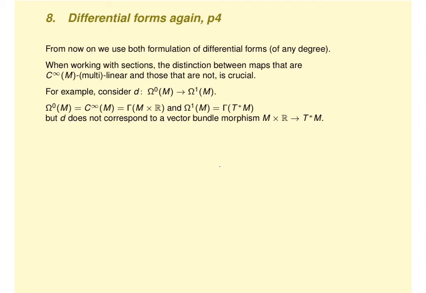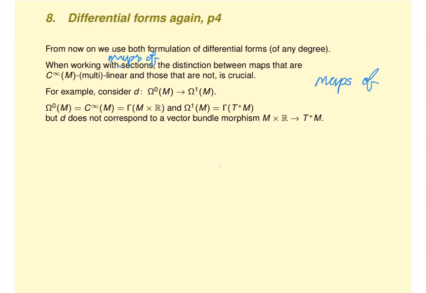There's a word missing here. It should say when working with maps of sections. I'll rewrite it more neatly out there. When working with maps of sections, the distinction between maps that are linear over functions or multilinear over functions and those that are not is crucial.